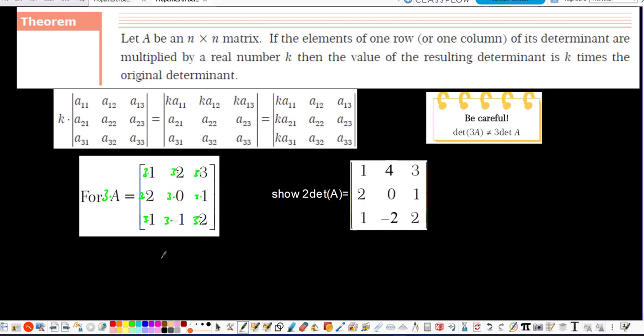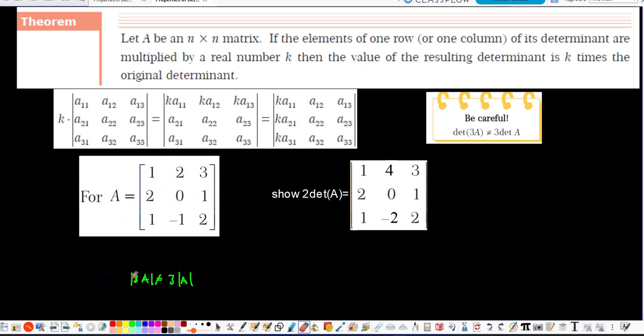But the determinant of 3A is not equal to 3 times the determinant of A. That's the important part here. Okay, let's continue with this exercise.